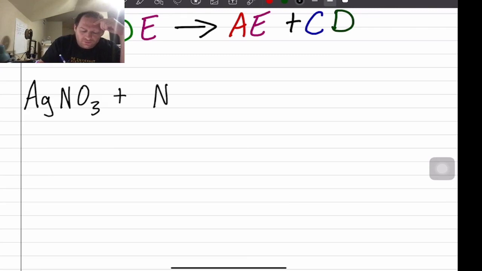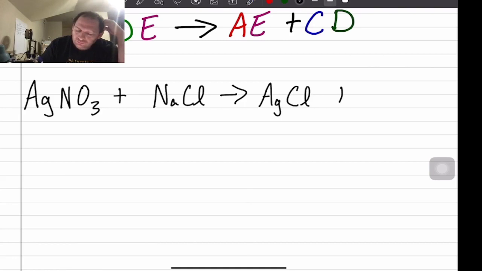Plus NaCl. These are going to react to create AgCl plus NaNO3.